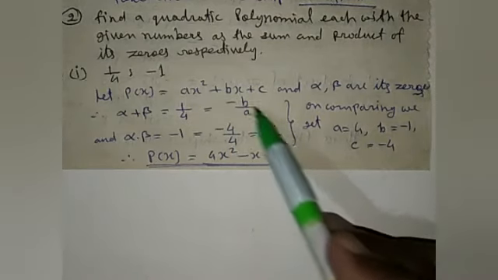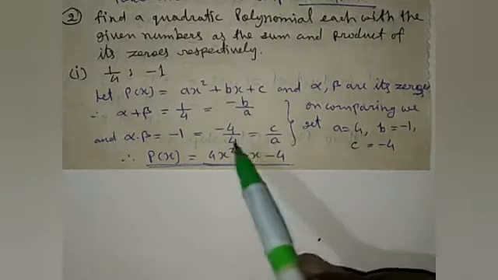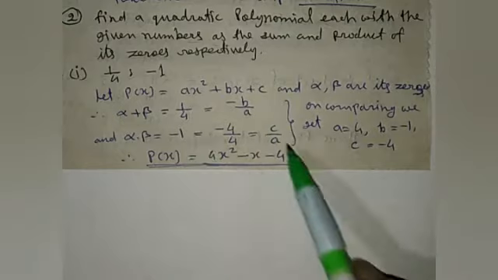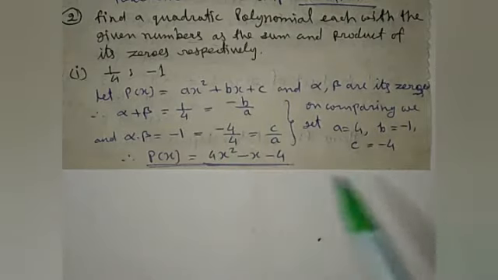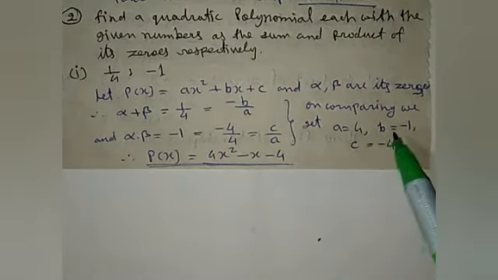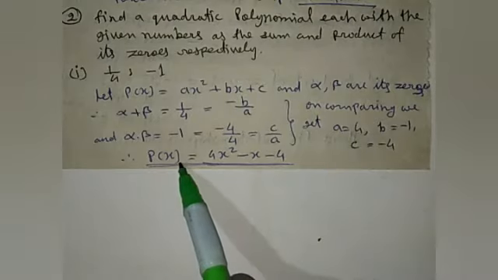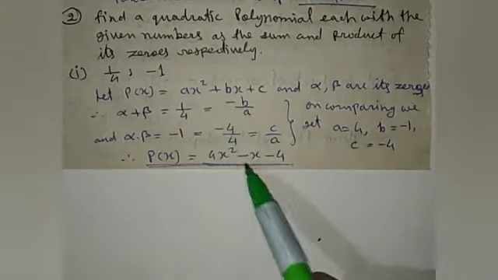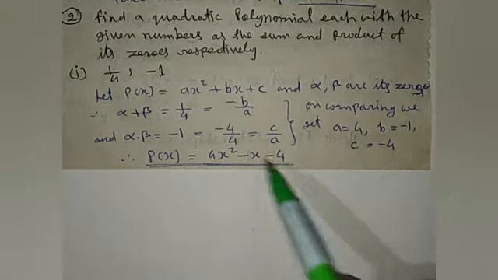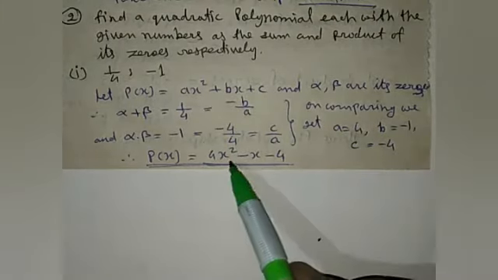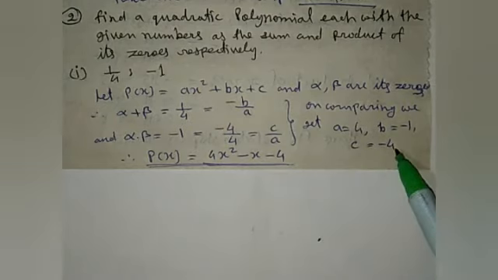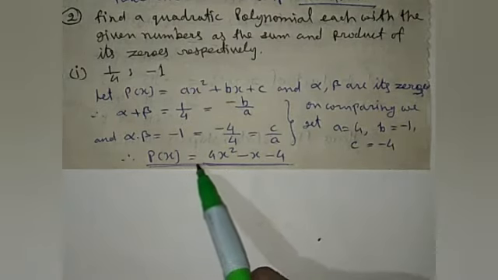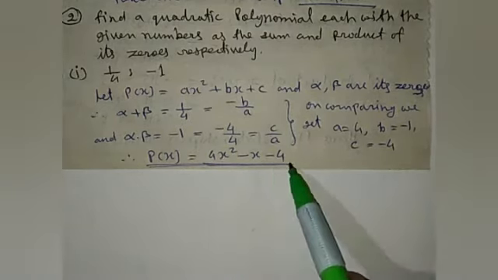On comparing these two relations, you will get a equal to 4, b equal to minus 1 and c equal to minus 4. So hence the polynomial will be p(x) equal to ax square, meaning 4x square, plus bx, meaning minus x, plus c, meaning minus 4. So you will get the polynomial 4x square minus x minus 4.